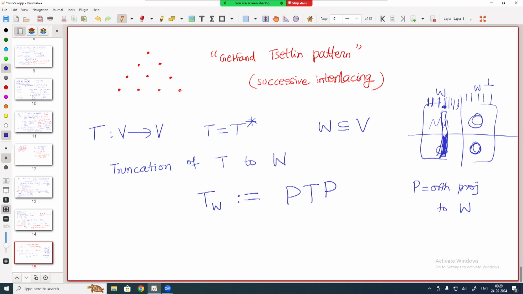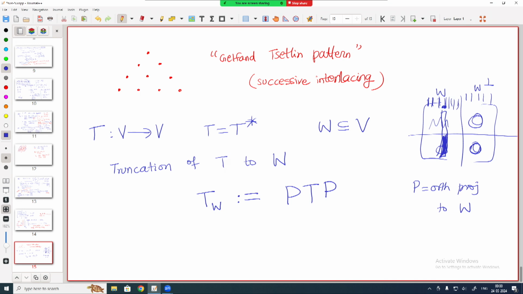Just apply P again. P is your way of killing everybody in W perp. So this is what truncation is in general, without any reference to matrices, vectors, bases, nothing. If you have a subspace, I can define a truncation to it: just apply P, then T, then once more a P.